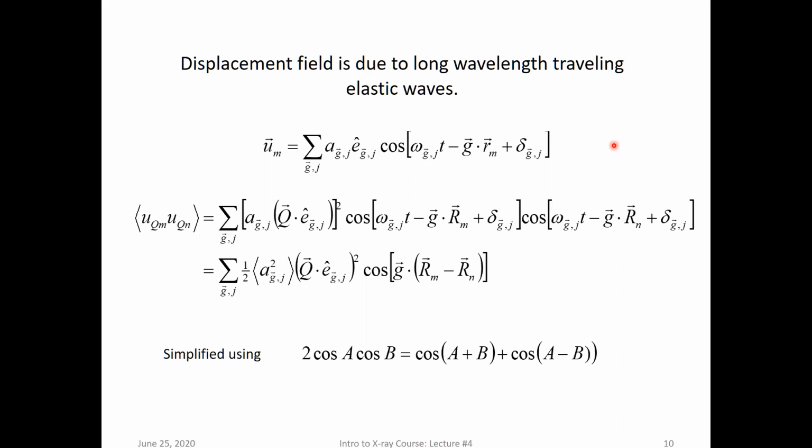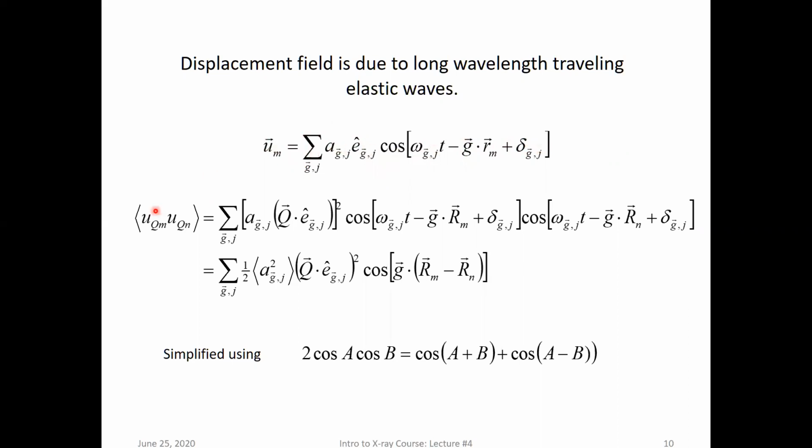We take a very simple model where a displacement field looks like a traveling wave moving in the g direction with frequency omega. It'll be polarized in some direction and it has some amplitude. There's also a phase term here. So this is just the most general expression for a traveling wave. And then I can sum over all of these, whatever my phonon spectrum is, and so on.